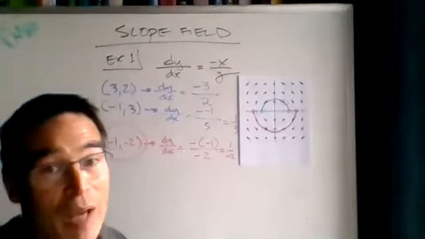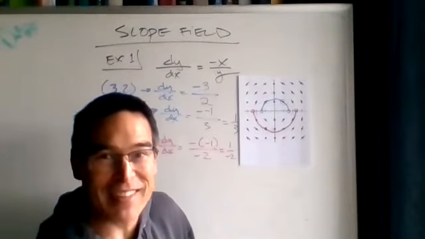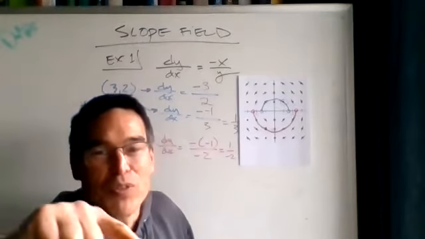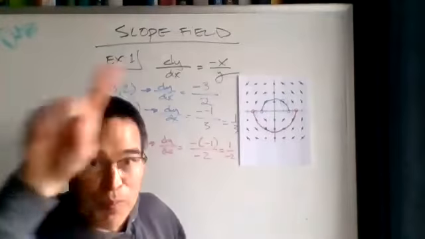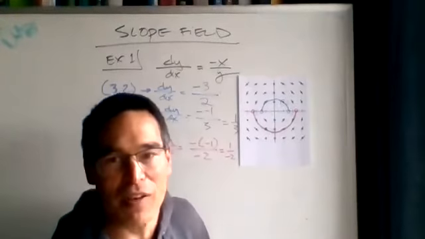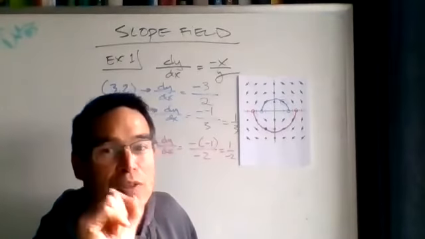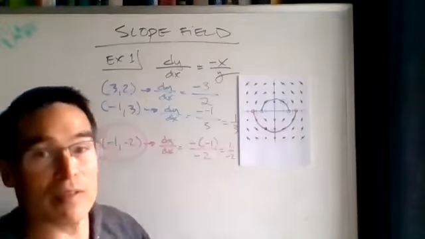Again, it has to stop because if it keeps going, it's not a function, is it? If it keeps going down into the bottom or goes all the way to the top and completes the whole rotation, it's not a function anymore. And remember, a solution to a differential equation is a function. Okay, so that's why I'm stopping here and here.